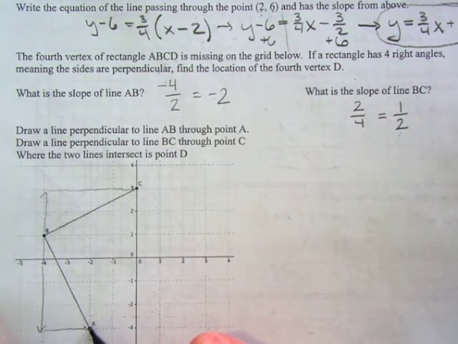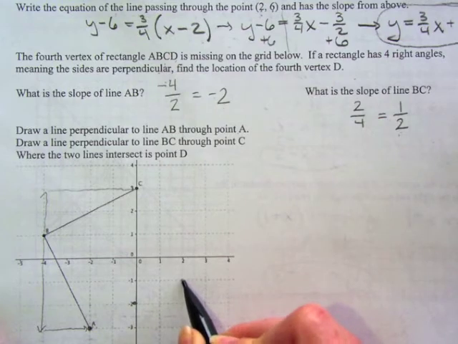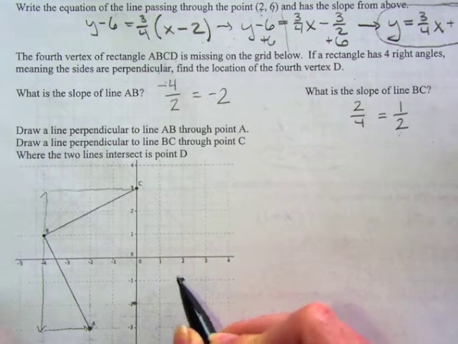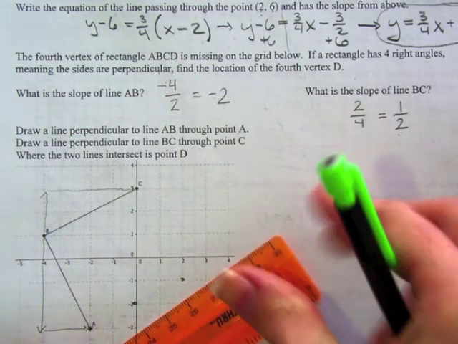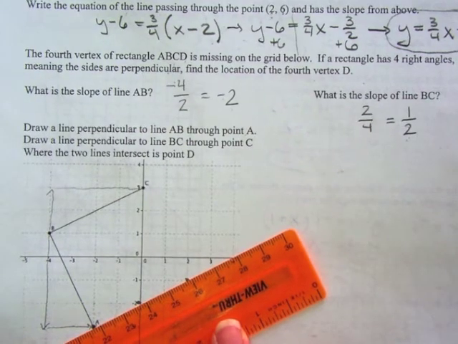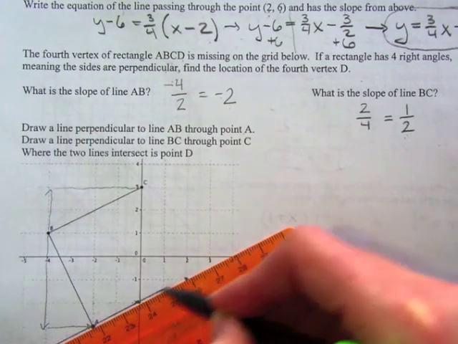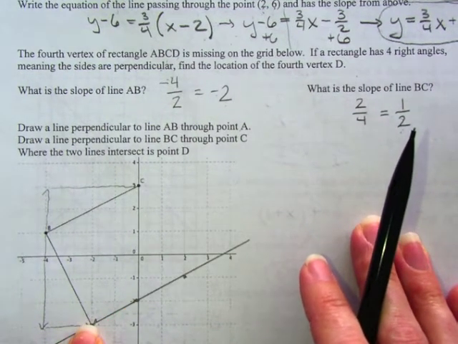So I need a line here that has a slope of positive 1/2 that goes through this A. So going up 1 and over 2, do that a few times so I can get a nice line. And then I draw my line. Pull out my ruler here. And I draw my line that is perpendicular to AB that goes through that point A.